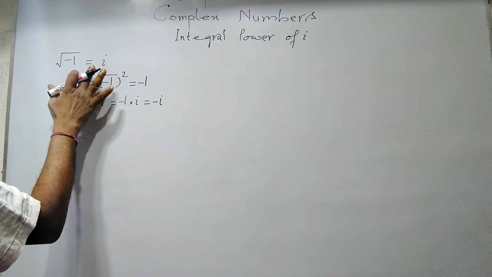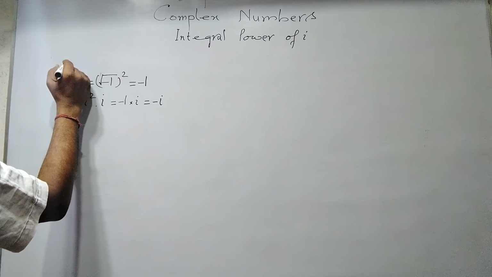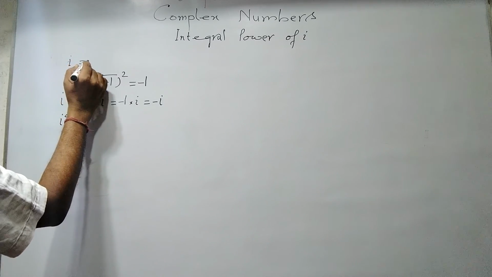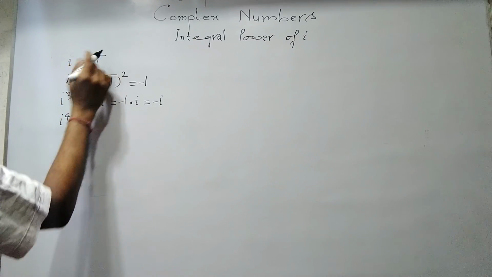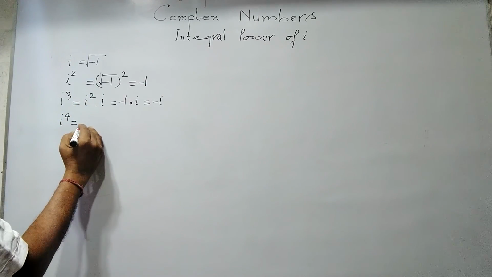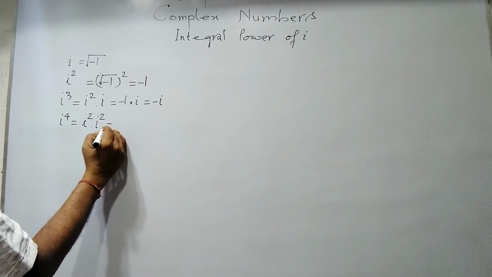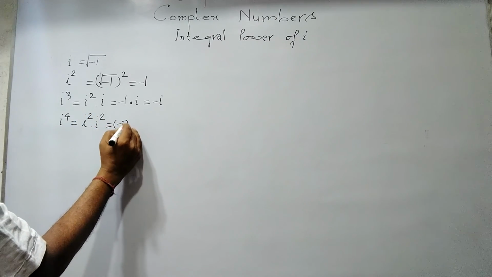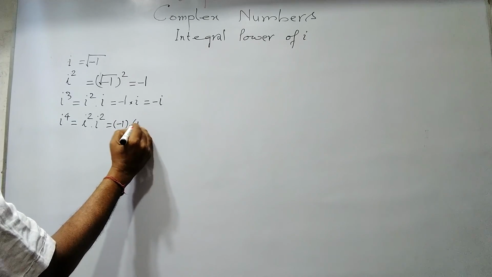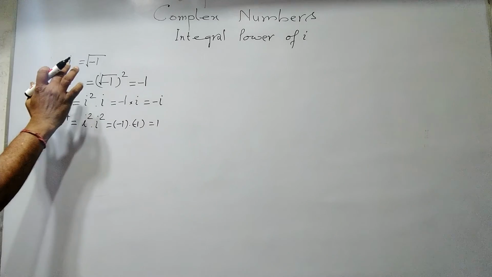What are we taking? i equal to root under minus 1. i4 is what? That is i square into i square. i square is minus 1, minus 1 into minus 1, that is 1. Okay?